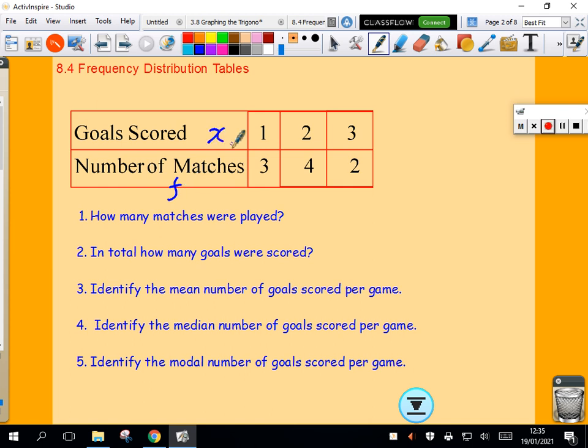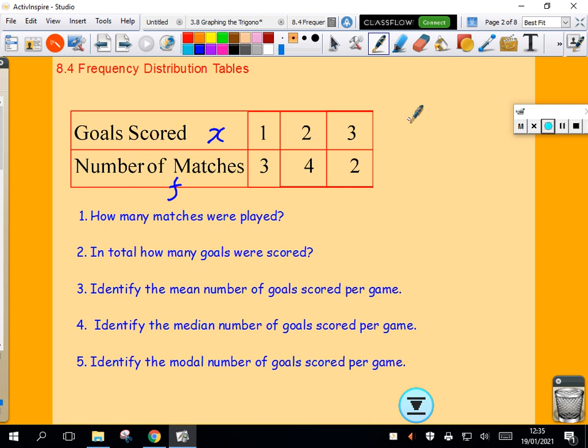When I'm thinking, what's the question I'm asking? Well, I'm going along and I'm saying maybe how many goals were scored in your match today? And 3 people answered 1 goal was scored in my match, and 4 people answered 2 goals were scored, and 2 people answered 3 goals were scored. How many matches were played altogether?